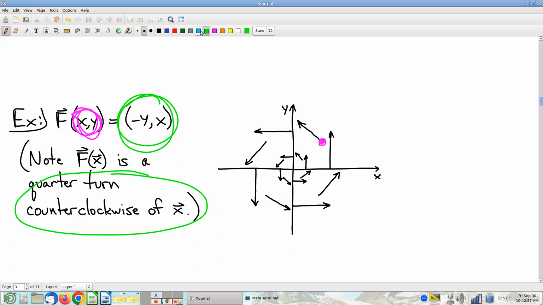And so the position vector x, y is that. Rotated a quarter turn counterclockwise gives you that. Green. It's supposed to do that green. Gives you that. But of course, we don't draw field vectors emanating from the origin. We draw them as emanating from the point where we're evaluating the vector field. And so we get that picture there.